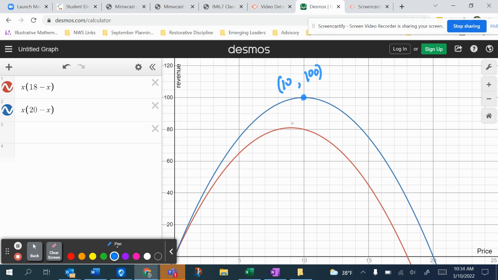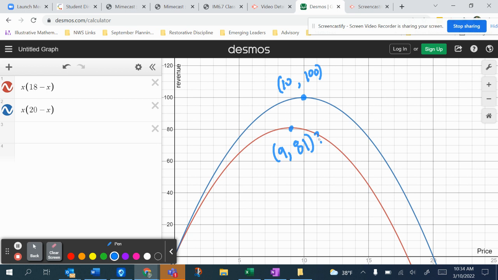Whereas for the original one, it looked like 9,000 downloads and about $81,000 thereabouts. I'd have to go back and look at the table.